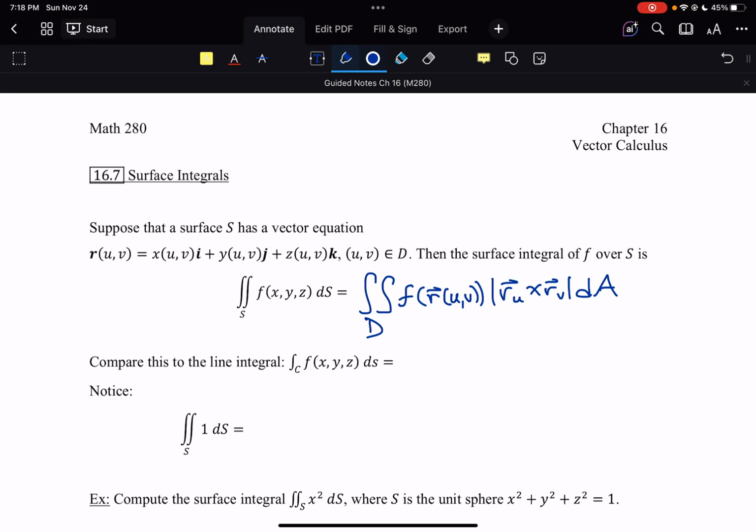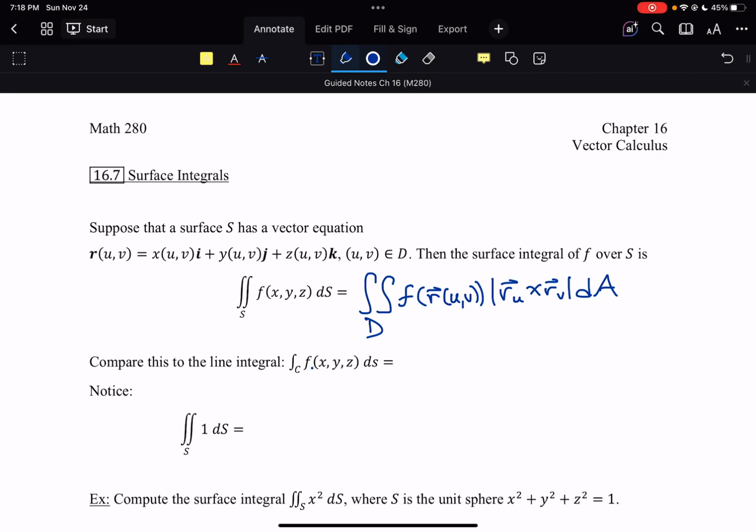So we see that the function f is being evaluated in terms of u and v. All of the x's, y's, and z's are getting replaced by their uv counterparts, and we need to find those tangent vectors, cross them, and find the magnitude.